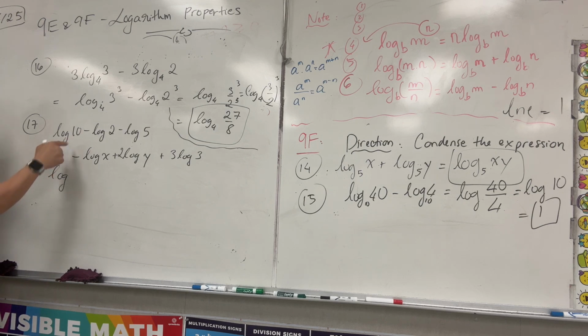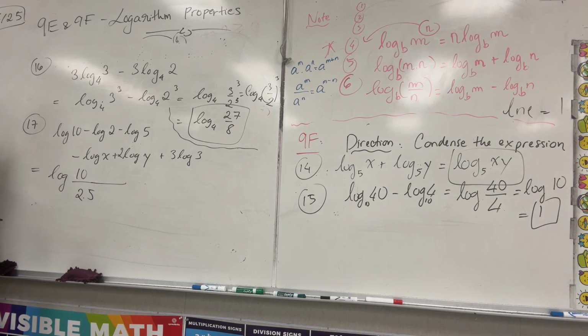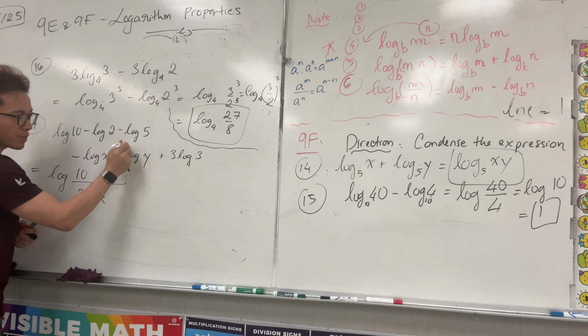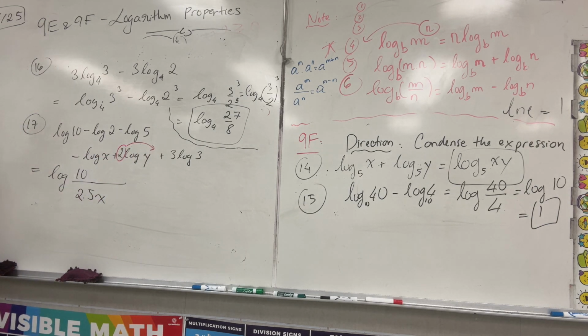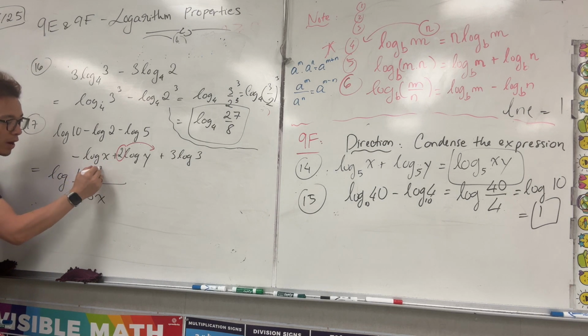Now 10 is on the top, right? Bottom is 2. Also 5, bottom or top? Bottom. Bottom on the x, yes. y to the power 2, very good. So y squared. You need to take care of the power first. Is it on the bottom or on the top? Top, so y squared on the top.